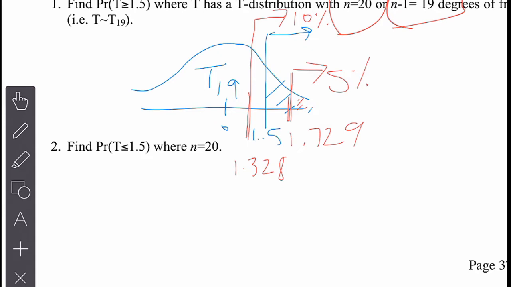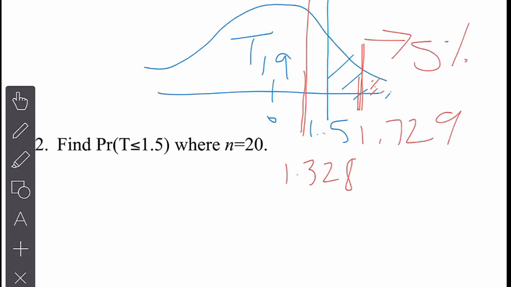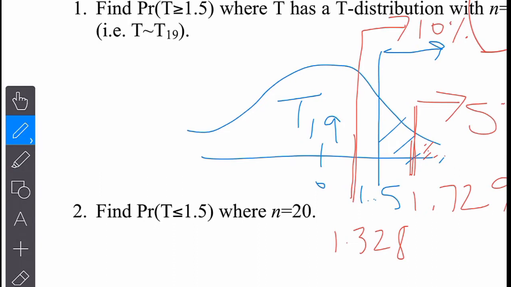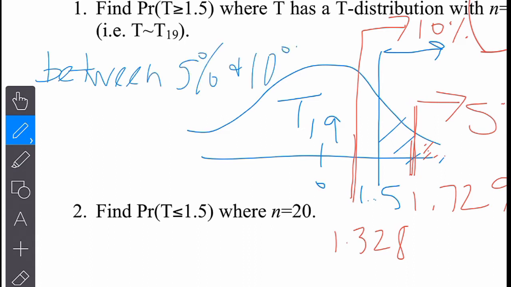If the answer here is between 5% and 10%, the answer in number 2 is the complement. What would be the complement? It's 1 minus.